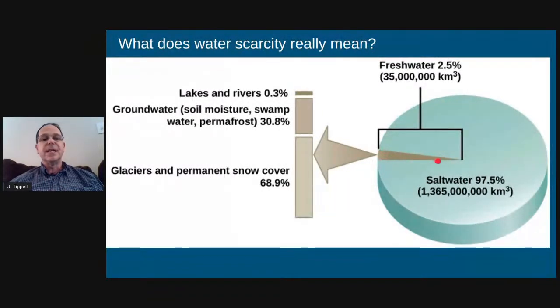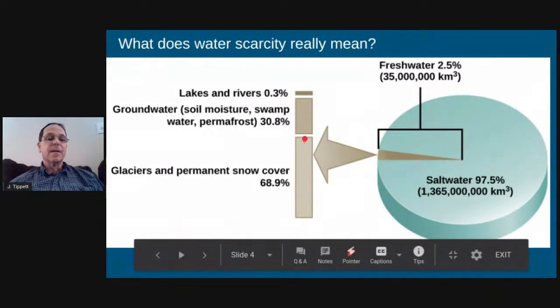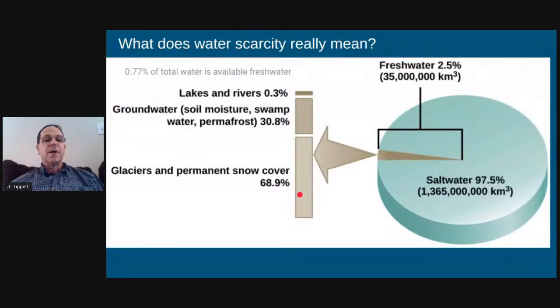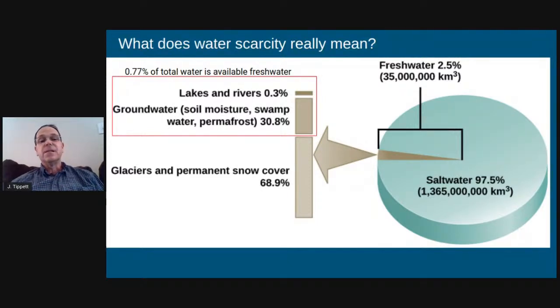Only 2.5% of it is actually water that's not salty. And of that portion that's fresh, a bunch of that is locked up in ice, in glaciers or in permanent snow cover on the tops of mountains, right? So you end up with only a really small percentage, 0.77% of all the water on the planet, that is actually available fresh water to us. And so that's what makes it a scarce resource, because the stuff that we can actually drink is a very small portion of the total.